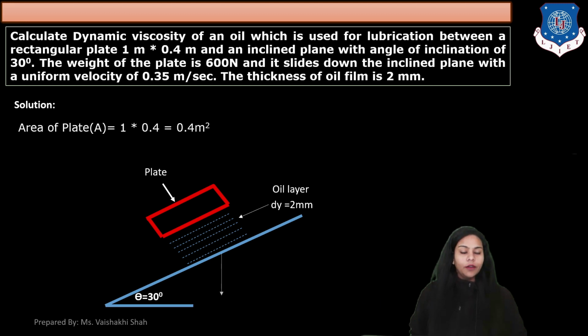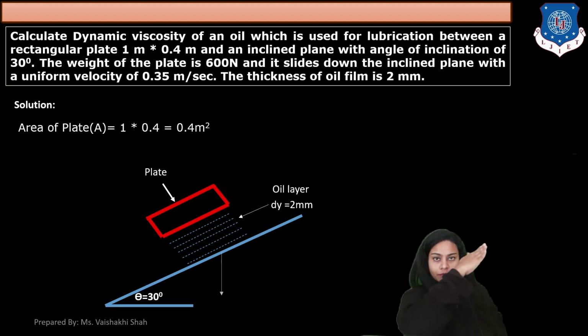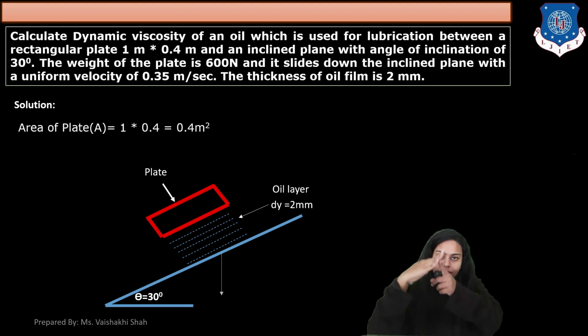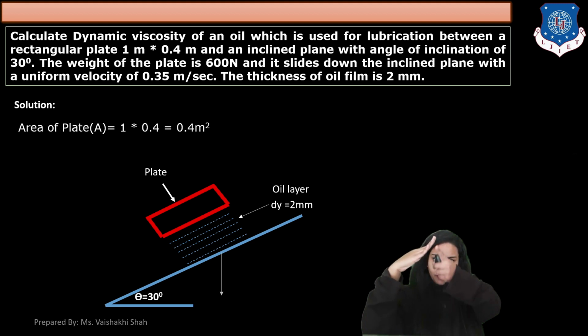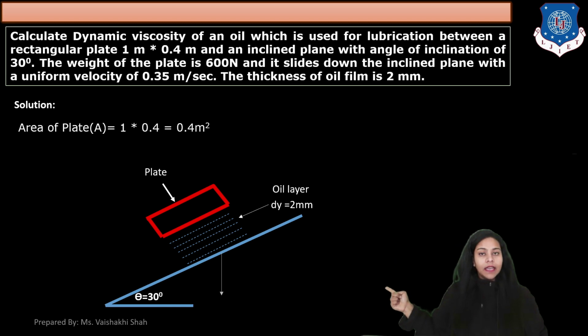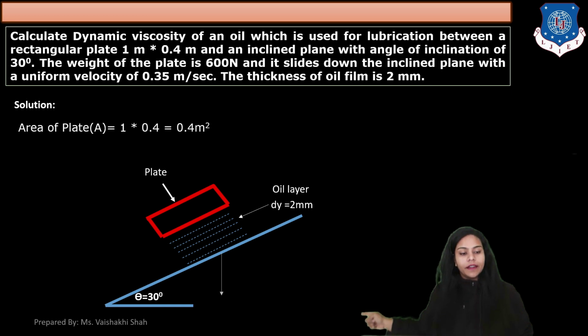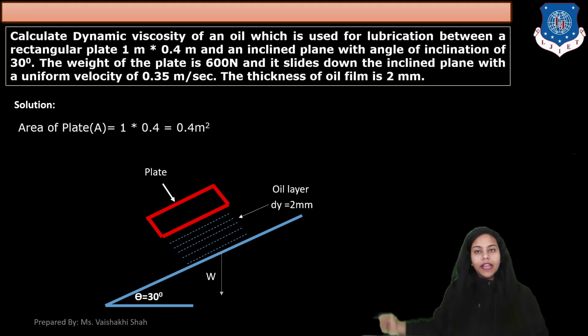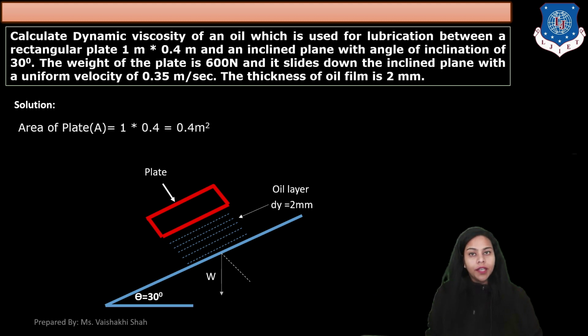Now, the plate is moving on the incline, but the weight of the plate is acting in the downward direction, and the weight of the plate is W. The weight is acting at angle theta.